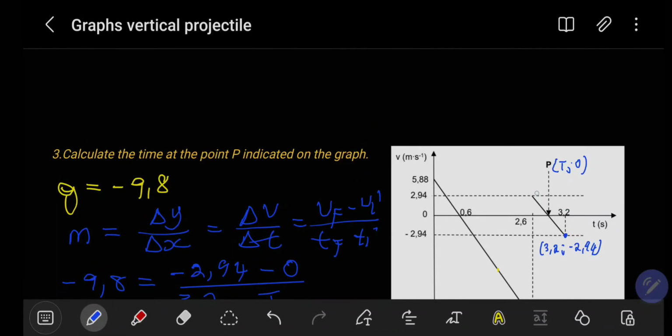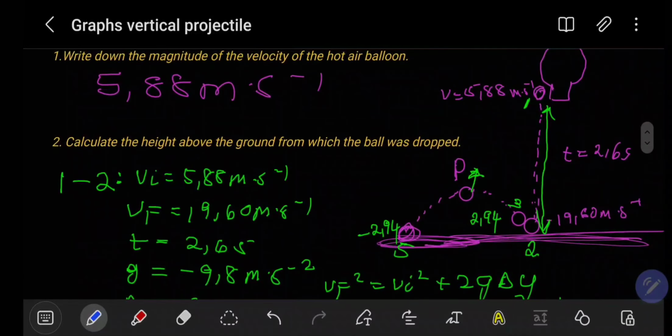So we're still going to look at this path here. We know that at point P, that is where the ball reaches the maximum height. This is the maximum height of this ball when it bounces. And we know the initial velocity of the ball when it leaves the ground, which is 2.94. So if we take path 3 to 4, we can find the value of t here.